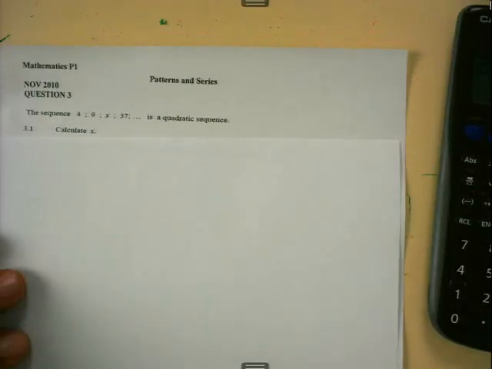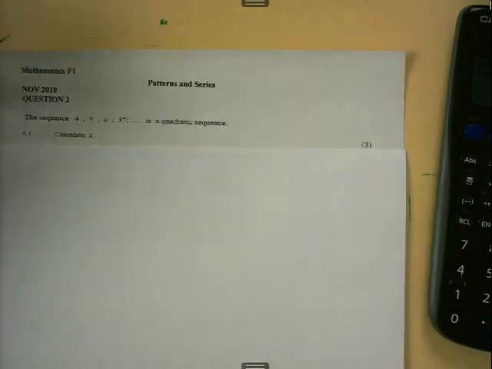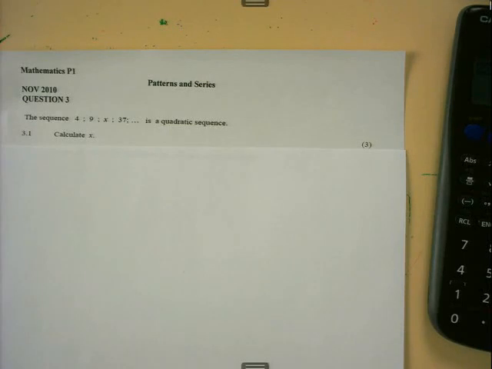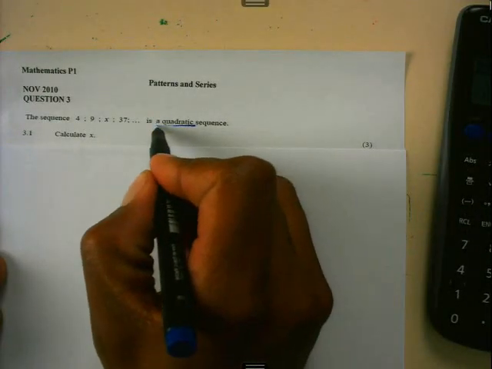Right now, boys and girls, let us look at the first question. It says you must calculate x. What is it that you're going to do here? Very, very important. Like I said, this step here is very, very important.